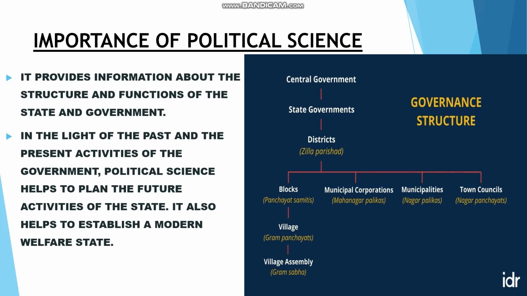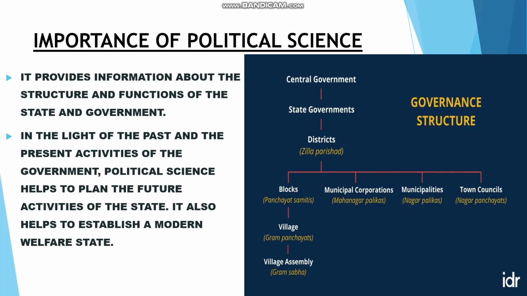So why do we have to plan for the future? So as to establish a welfare state. What do you mean by welfare state? A welfare state means the state which promotes economic and social security for its citizens.